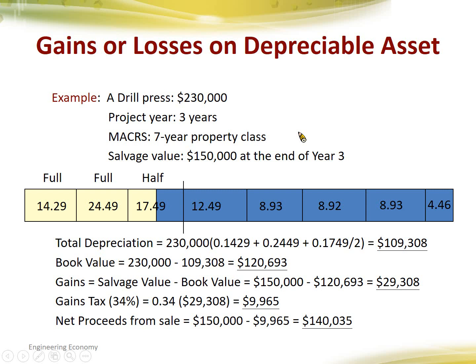So you need to pay this percentage of tax. Then we subtract this tax from the salvage value. That is what we actually get from the salvage value, from disposing the asset.